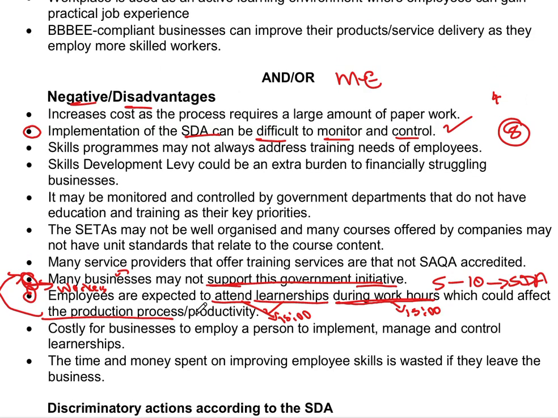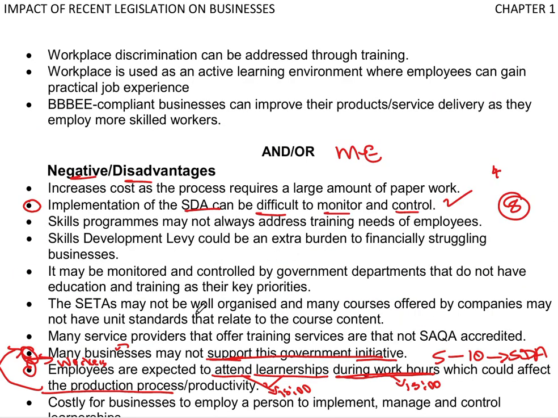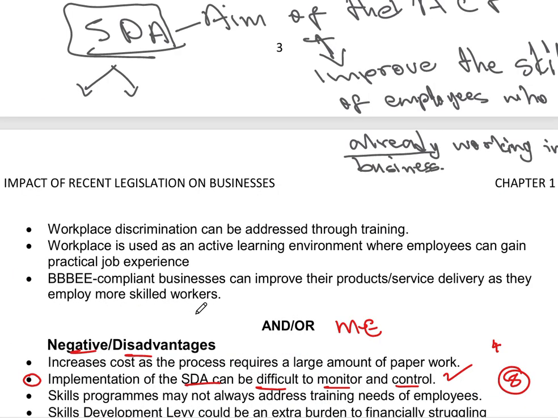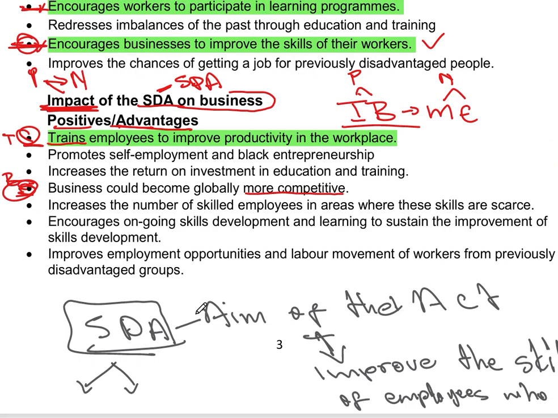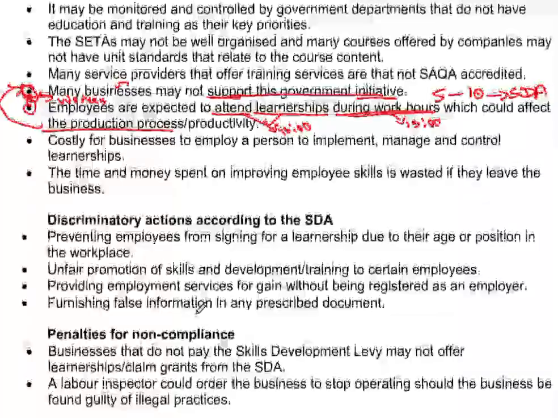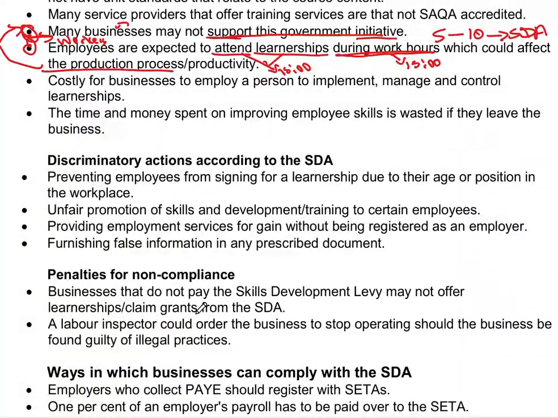All right, I said we take two. We are talking about the impact of the SDA on business. Now we are going to discriminatory action according to the SDA. Remember, when we are at the training center, just know that when we are there, we are trying to comply with the SDA.